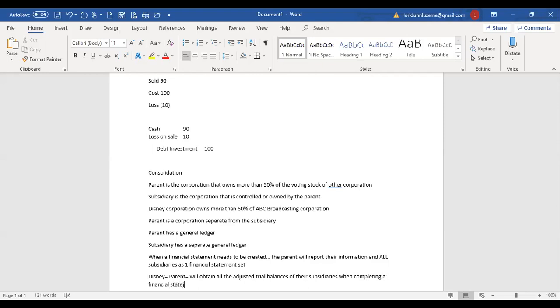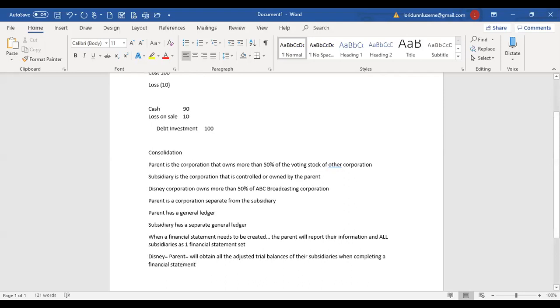And what they do is they take all of the adjusted trial balances and put them side by side, combine them all together, and make one trial balance to create Disney's financial statements, or what we call consolidated financial statements.